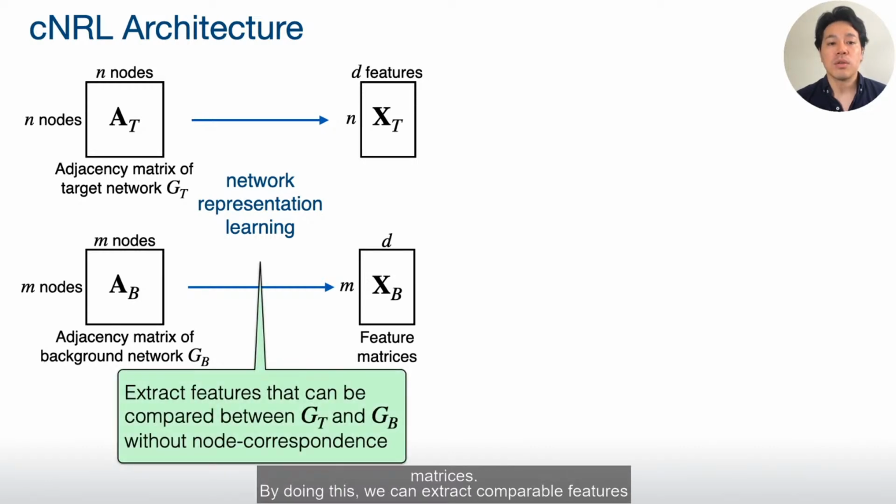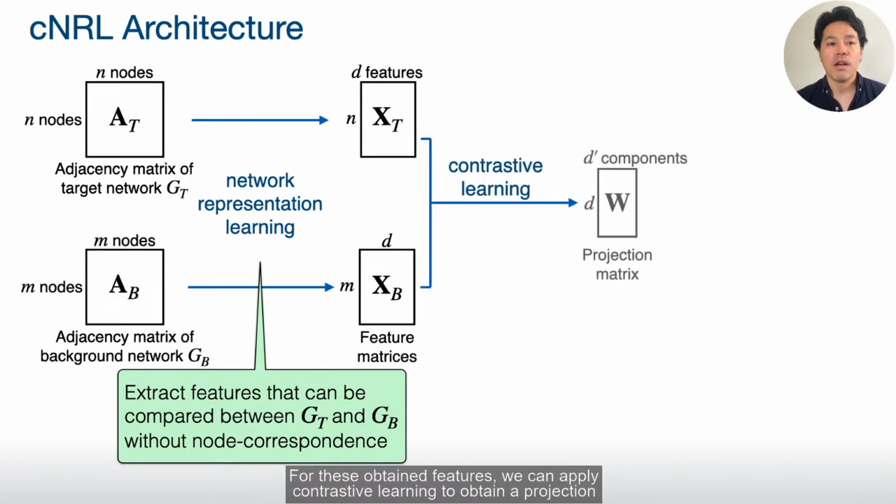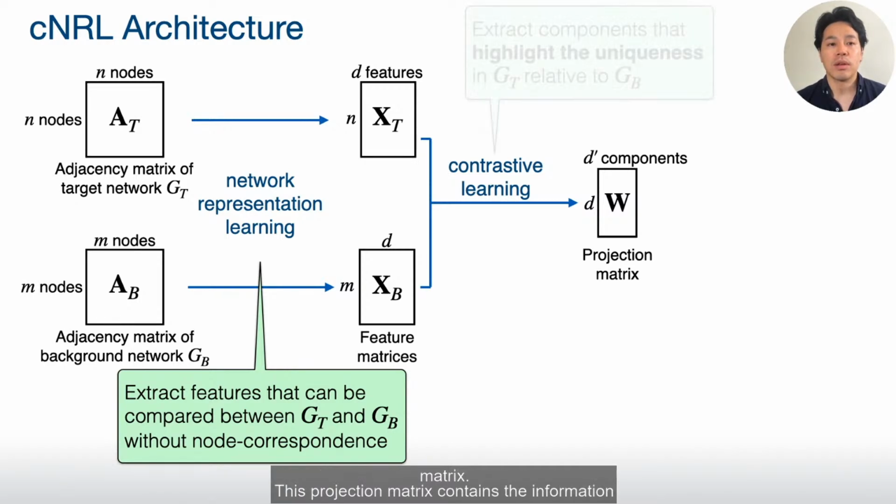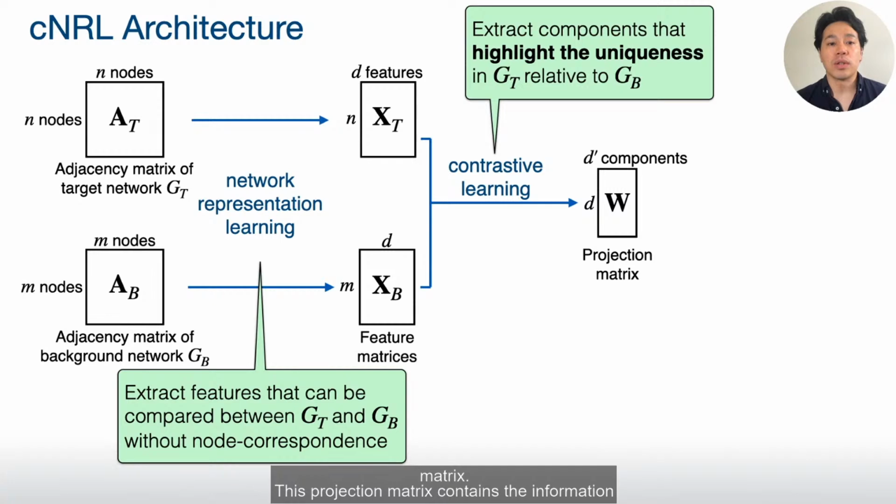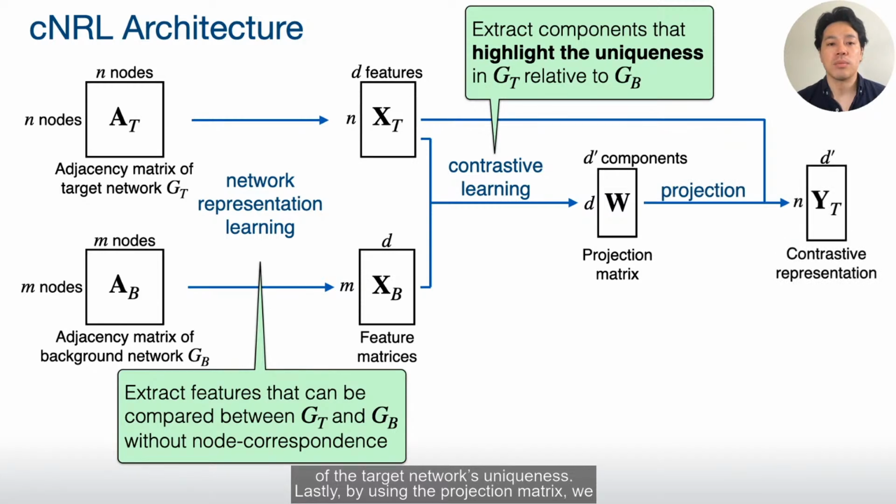By doing this, we can extract comparable features between 2 different networks without knowing their node correspondence. From these obtained features, we can apply contrastive learning to obtain a projection matrix. This projection matrix contains the information of the target network's uniqueness. Lastly, by using the projection matrix, we can project the target network into a low-dimensional space.